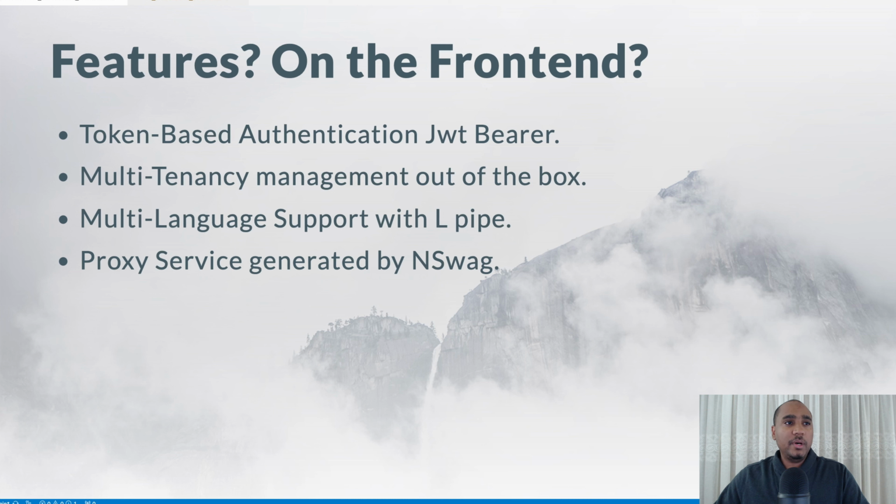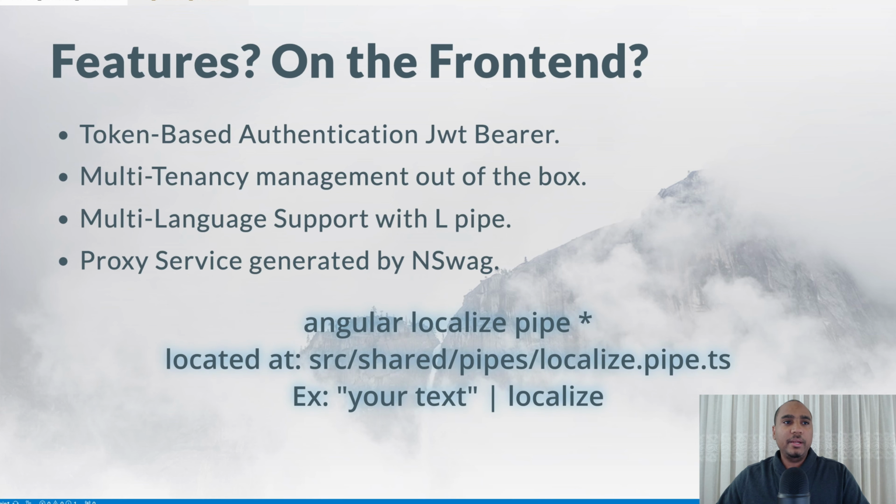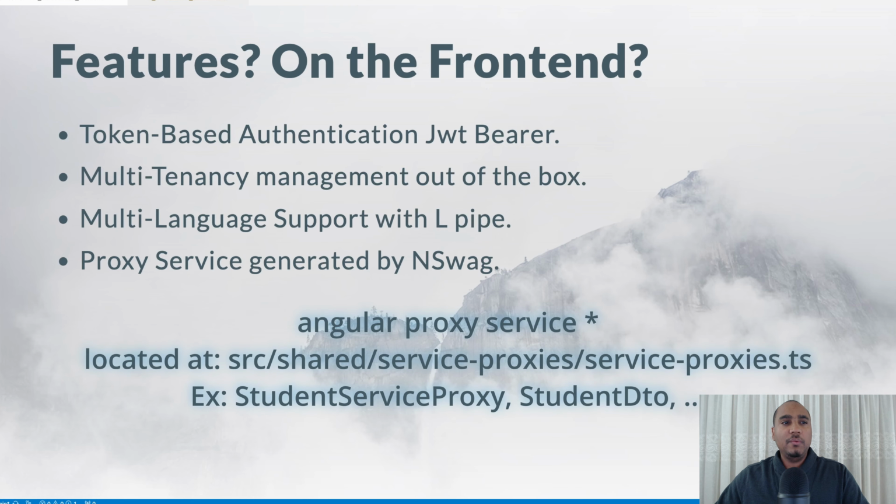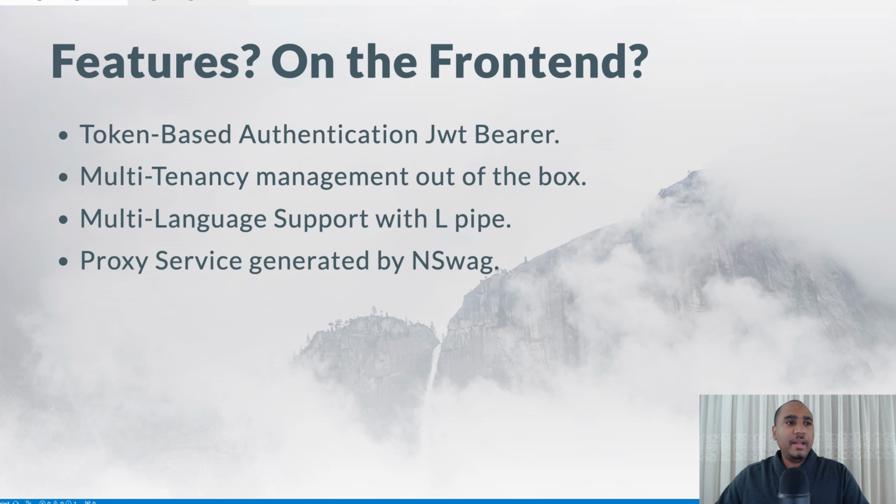You're going to have the Angular multi-tenancy management pages provided. And we're going to have multi-language support using the L pipe that is right there for you. And finally, you're going to have the proxy service with the static data types generated by NSwag. I personally think the most relevant and useful feature is this last one.